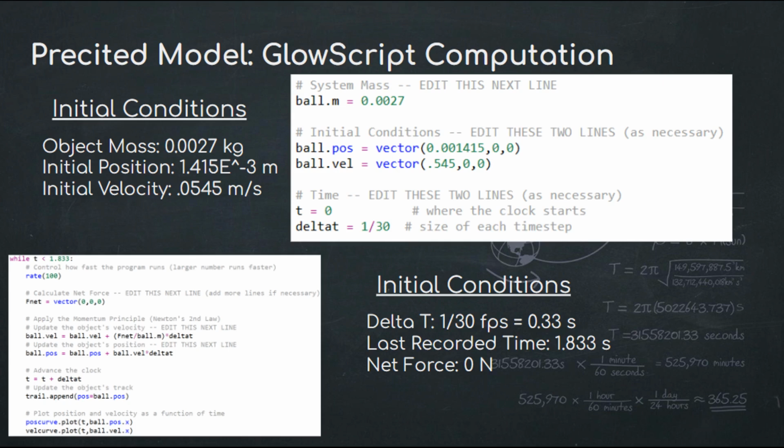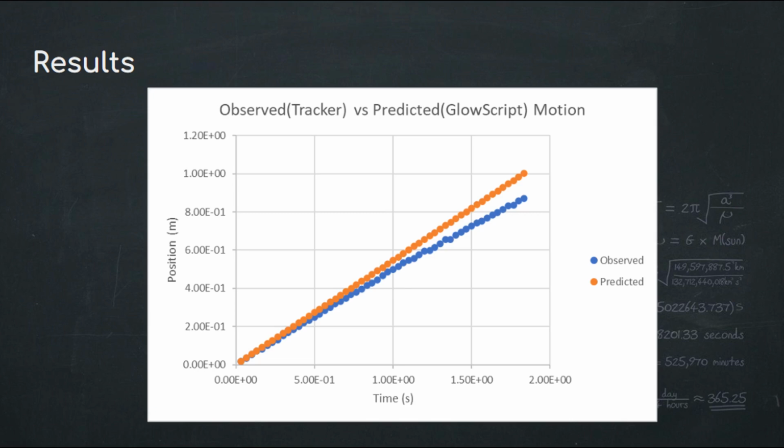Simply plugging in relevant values either given to me via Tracker, such as initial position and last recorded time, calculated by hand, such as the initial velocity, or just research, such as the mass of a single ping pong ball being 0.0027 kilograms, I was able to generate a pretty accurate predicted position model.